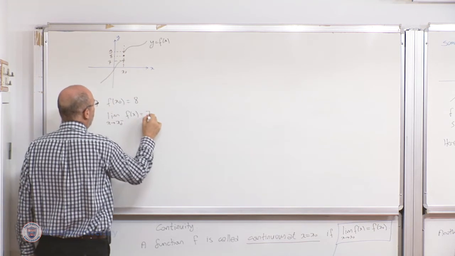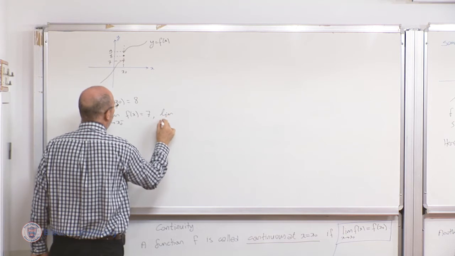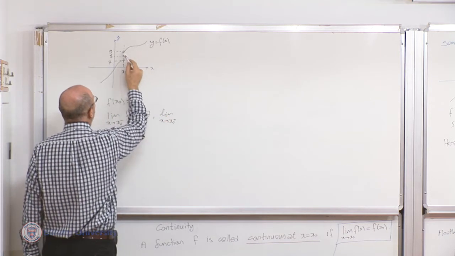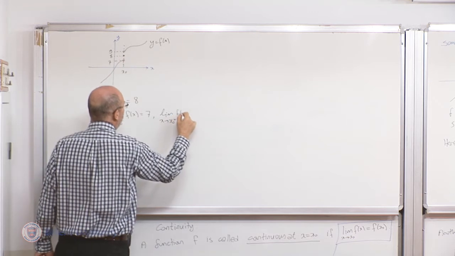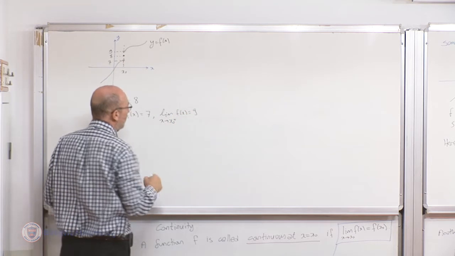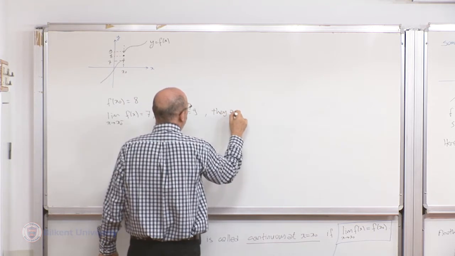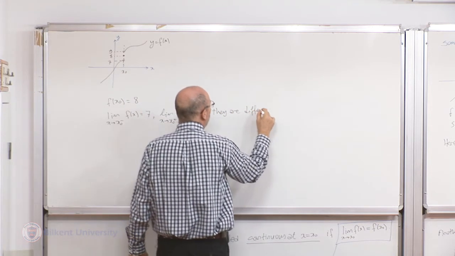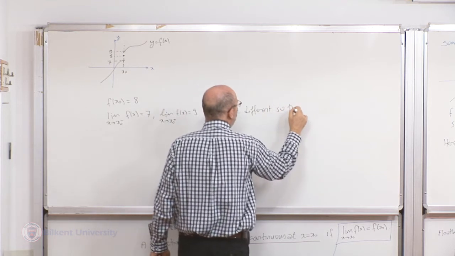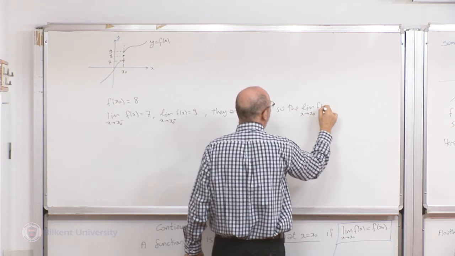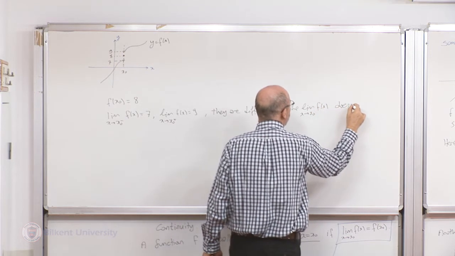I go to 7. Limit as x approaches x sub 0 from above. From above, I come to 9. Okay. They are different. So the limit does not exist. Limit as x goes to x sub 0 of f of x does not exist.